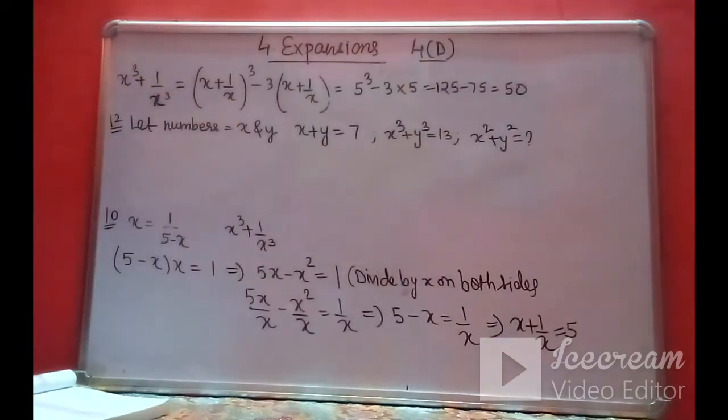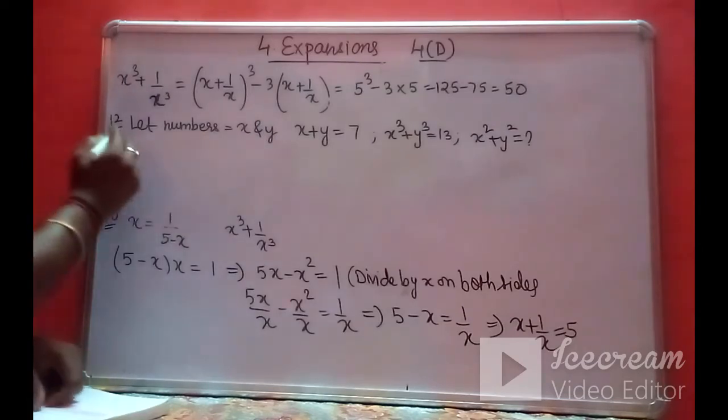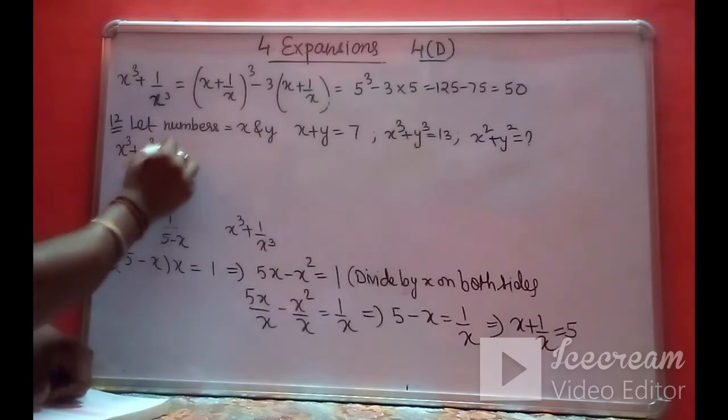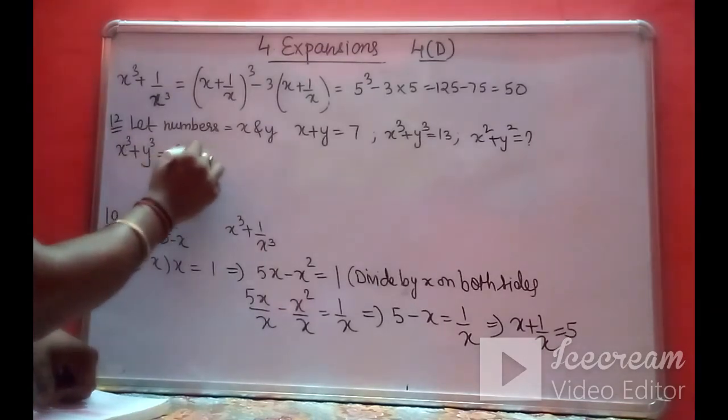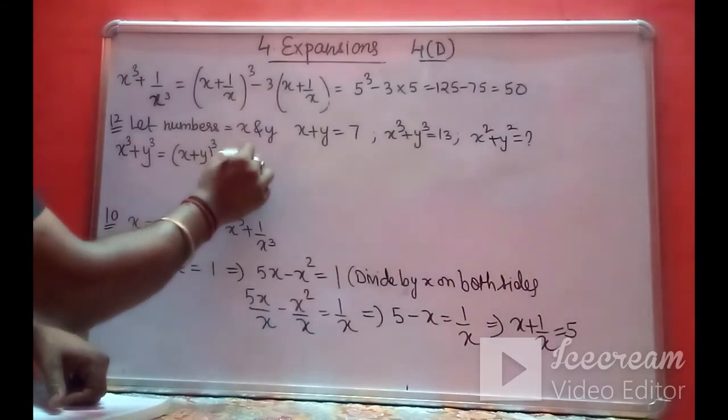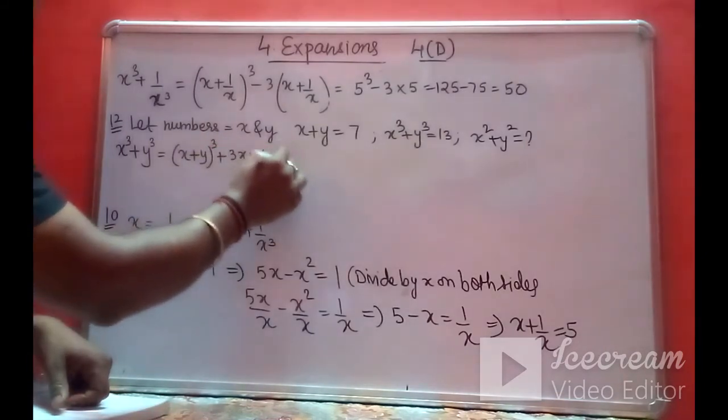Now how to find it? Here we are going to use the formula of x cube plus y cube, that is x plus y whole cube minus 3xy into x plus y.